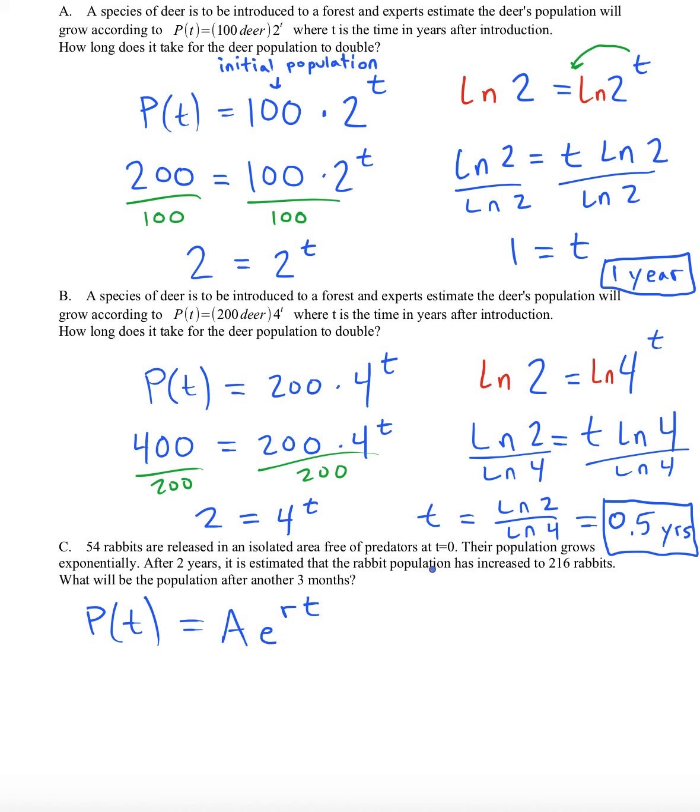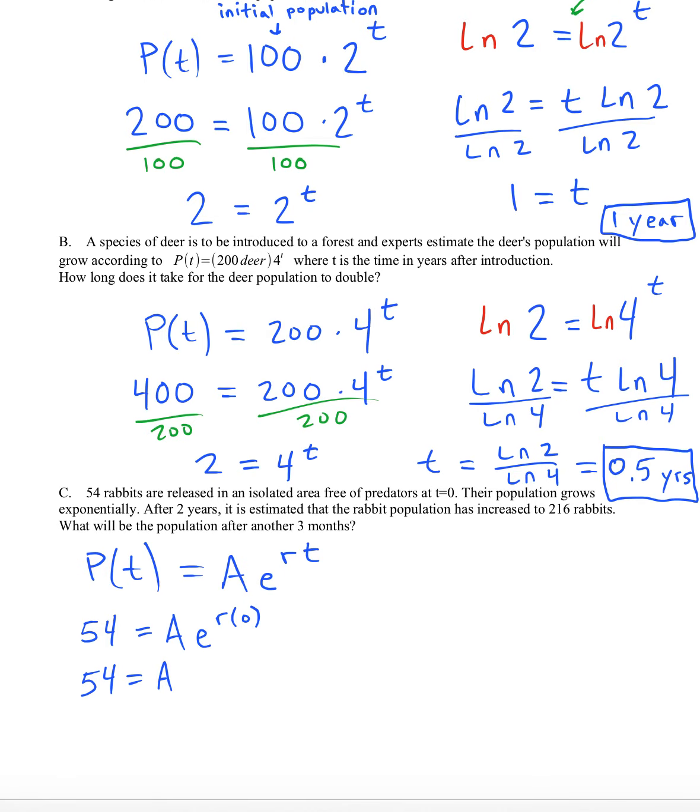It's 54 rabbits at t equals 0. So when we have e to the 0, that's just 1. So actually 54 is our a value. Now what we'll do is write that in our function.